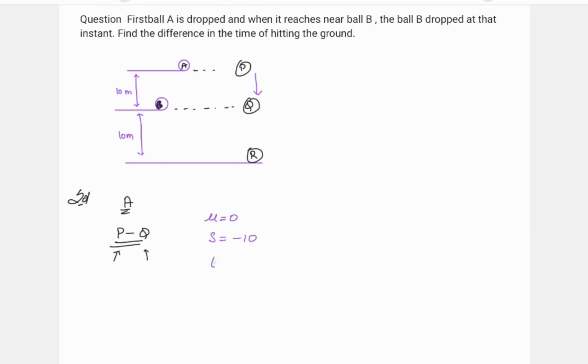Okay, the time I am going to calculate. What is the acceleration? Acceleration is always going to be minus g, which is equal to minus 10. Now solve. You can write the second equation of straight line motion: S is going to be ut plus half at square.